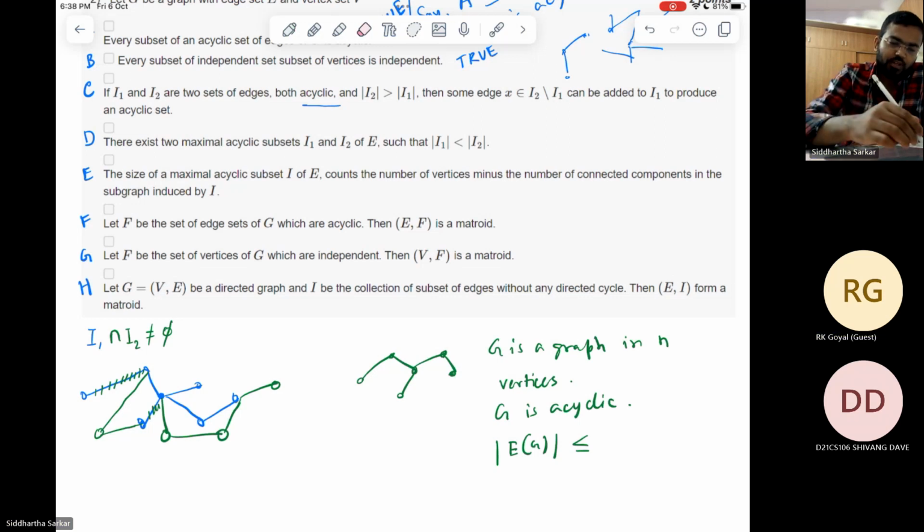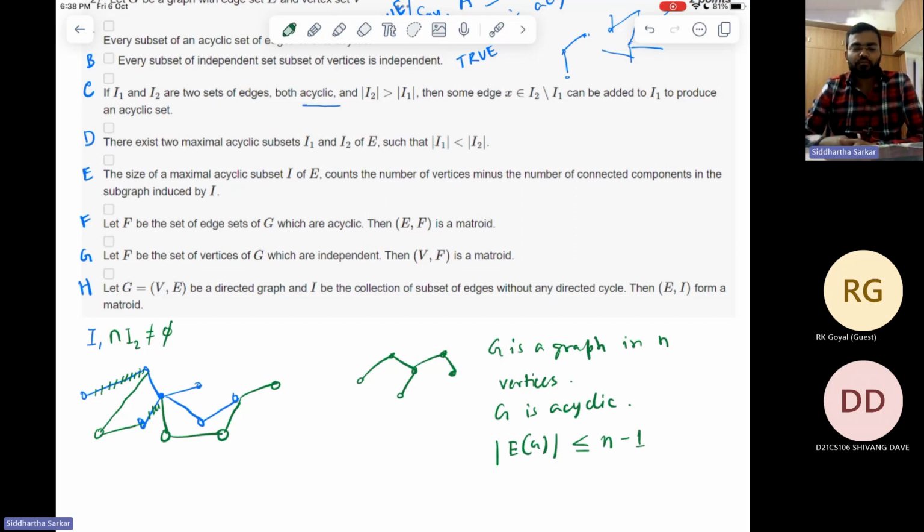So we have an observation that if you have a graph on n vertices and the graph is acyclic, then there can be at most n minus 1 edges, because if you add one more edge, you will be forced to create a cycle.